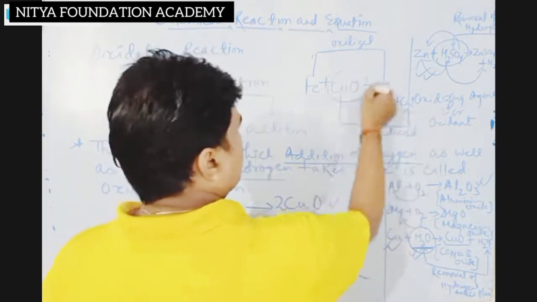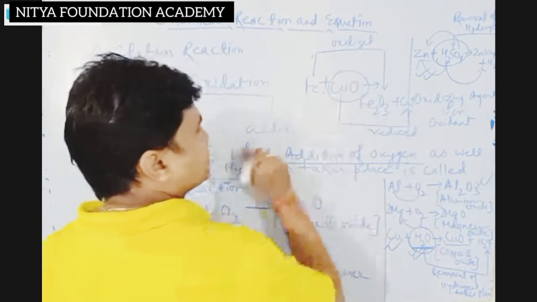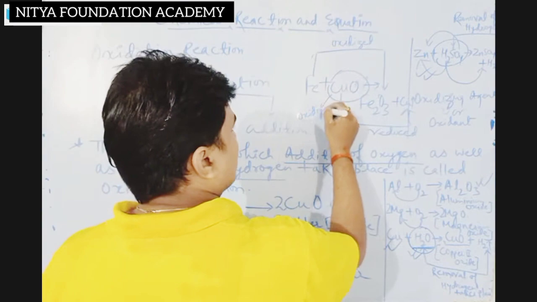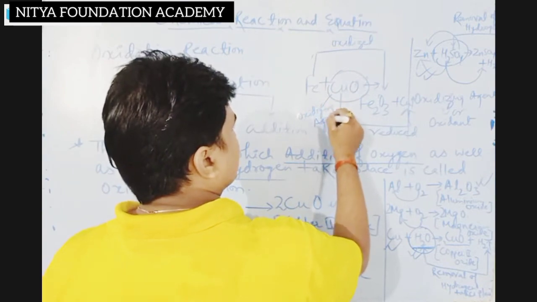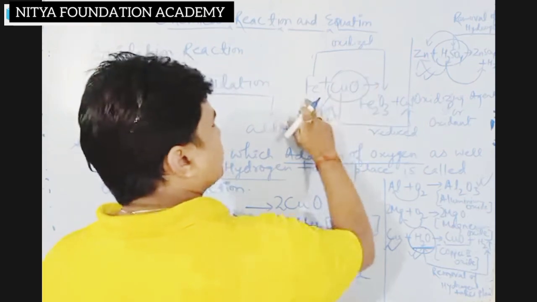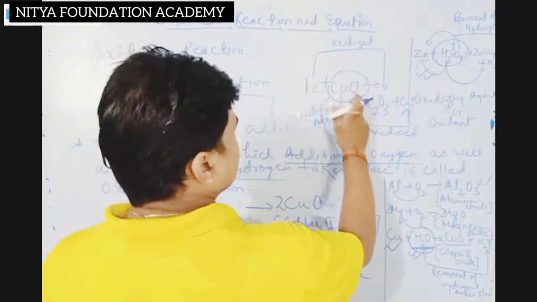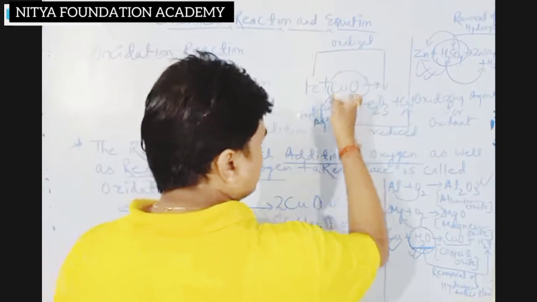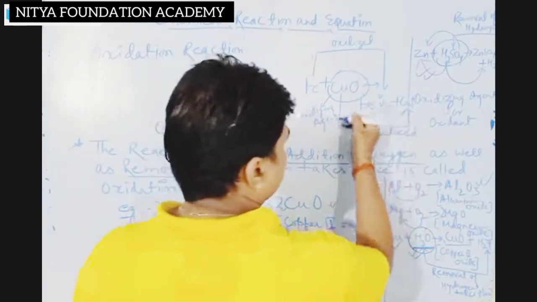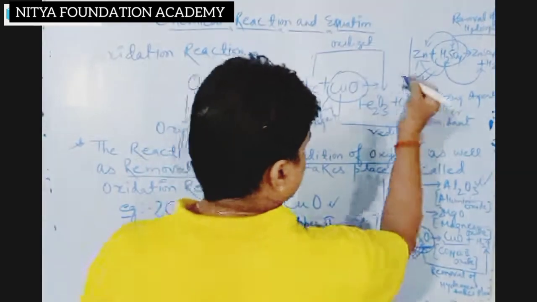Okay, so here copper oxide behaves like what? It behaves like an oxidizing agent, where it makes possible the reaction between the iron and oxygen and the reduction of the least reactive metal from the compound, that is copper.